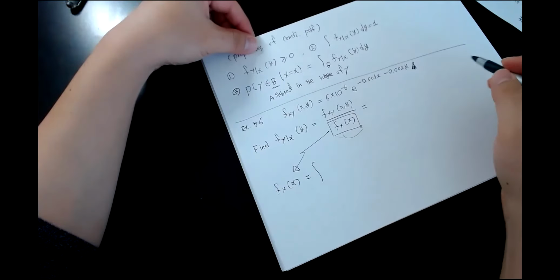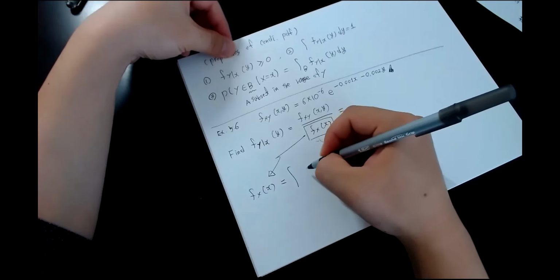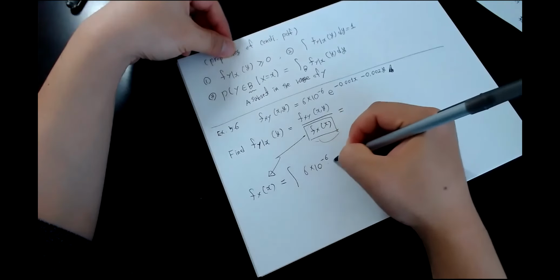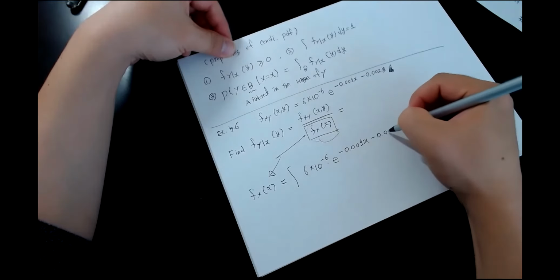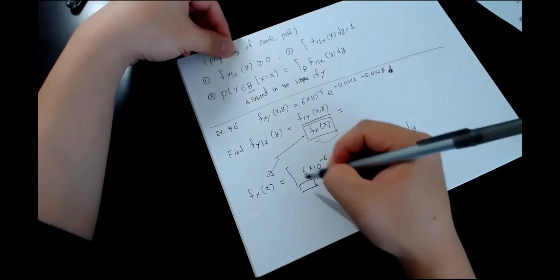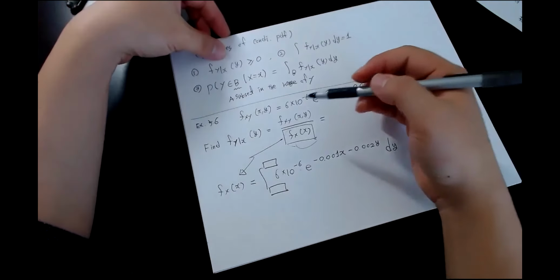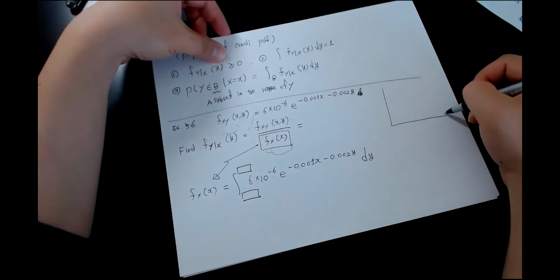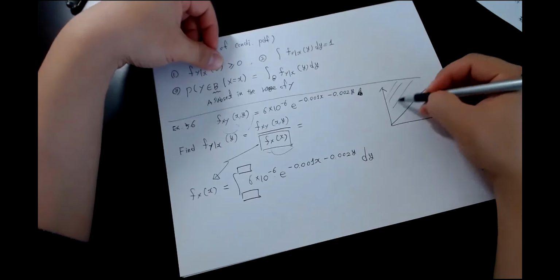But to figure out the lower and upper limits, let me write down the joint PDF first: 6 times 10 to the negative 6 e to the minus 0.001x minus 0.002y, dy. To figure out the limits, we need the domain of that joint PDF, which we already know, and is shown here.